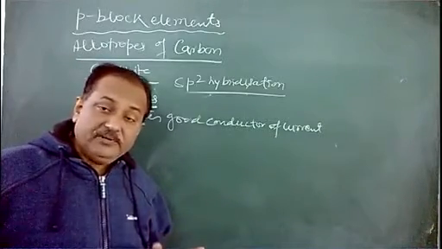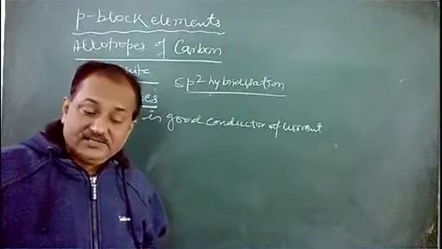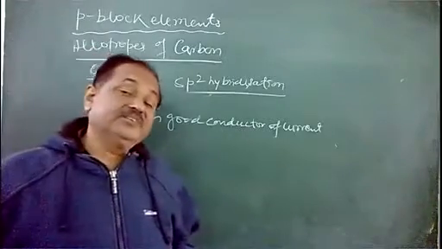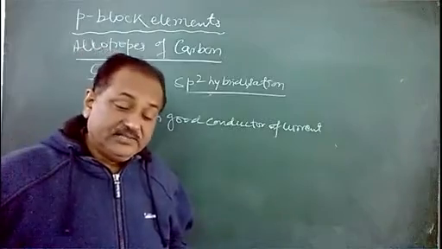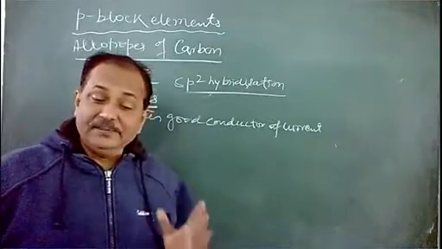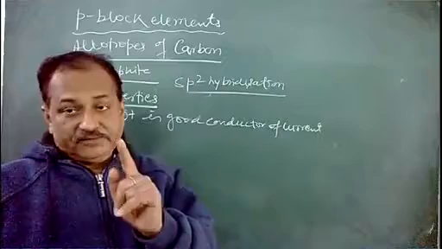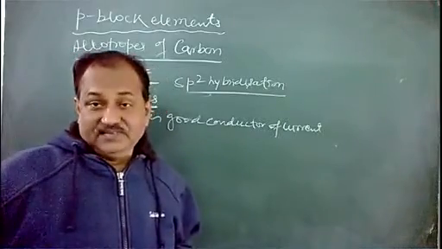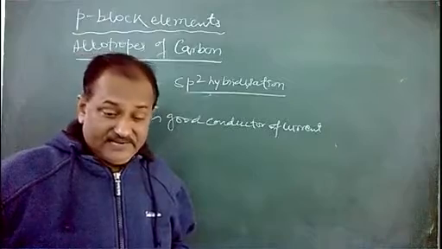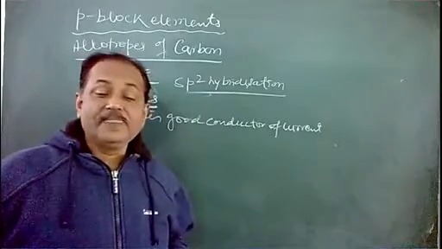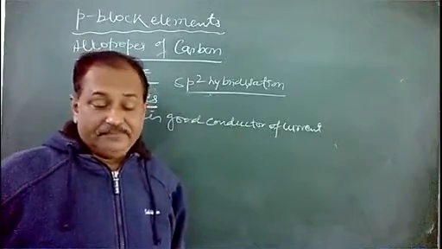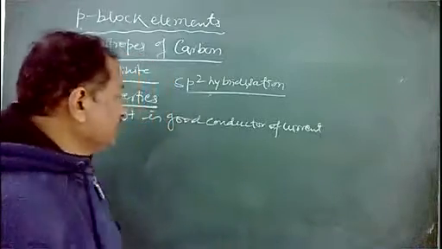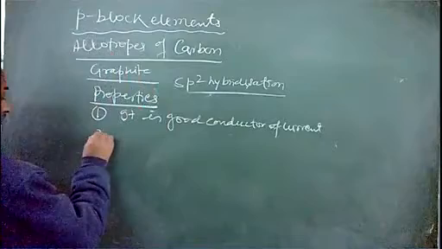And you all must be knowing that dry cells or pencil cells, the batteries which are used in torches, transistors, have a black colored electrode in the center. That is nothing but graphite. Graphite is also used in the making of pencils. So it is a good conductor of current.